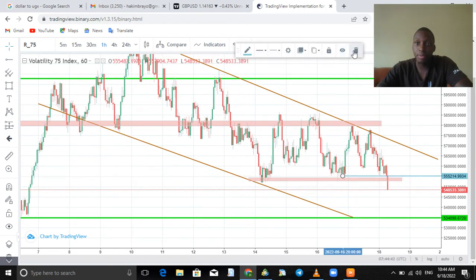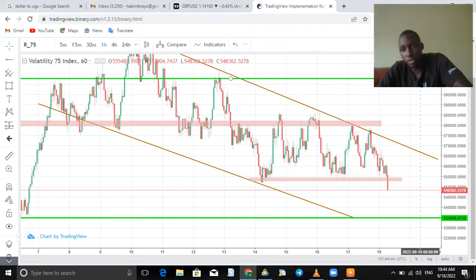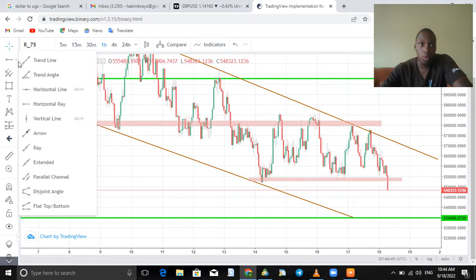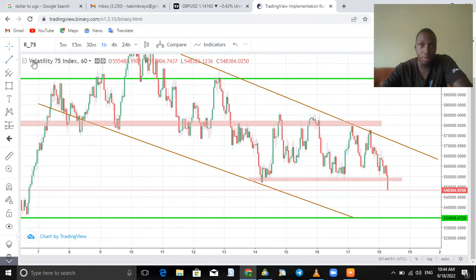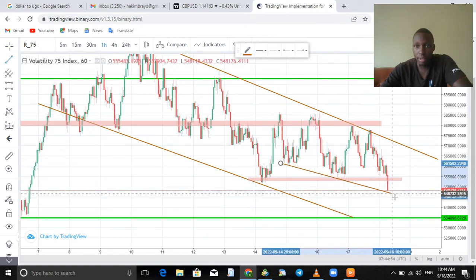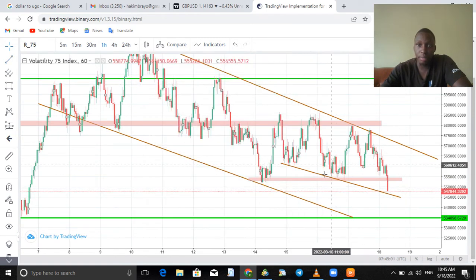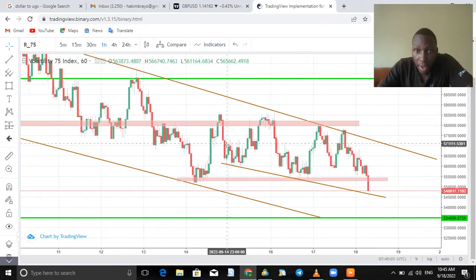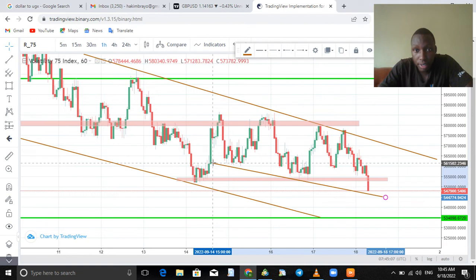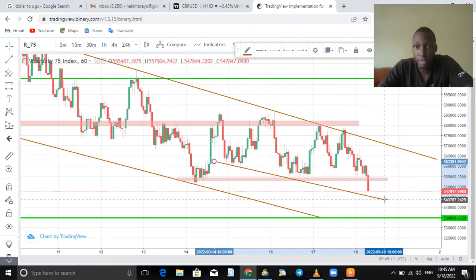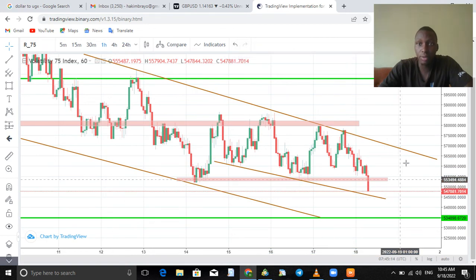Now it is trying to sell at the moment, but we may not go with the sell entries because we don't know where the market is exactly heading. If I try connecting these recent lower lows, you can see that whenever the market touched this support trend line, the prices were just rejecting and bouncing back to the upside.